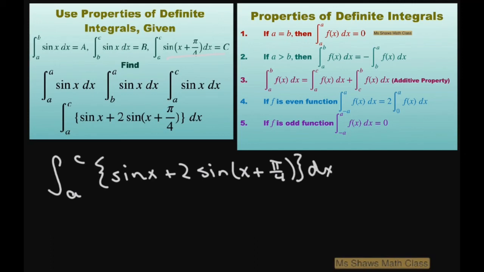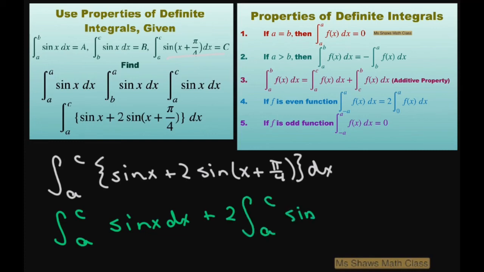All right, so I can write this as from c to a, sine of x dx, and split it up, plus 2 times the integral from a to c of sine of x plus pi divided by 4 dx.